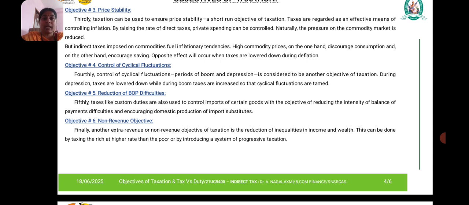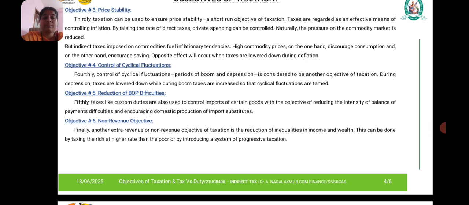The last one: what we saw earlier, taxation includes non-revenue objectives also. What are those non-revenue objectives? Inequalities in the taxation system have to be eradicated. That means, after a long process, they introduced the concept of progressive taxation.